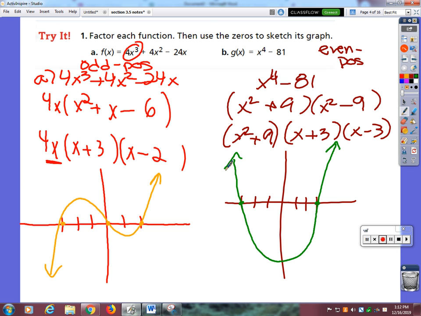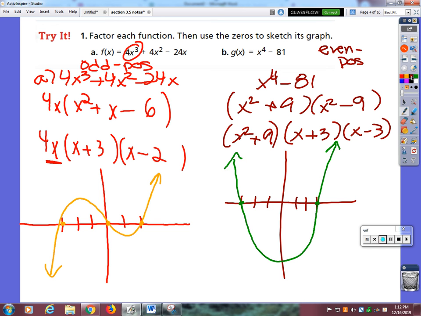Isa? Why doesn't this one go to 0? Because if I plug in 0 for x, I don't get 0 as an answer. If I plug 0 into here for x, then 0 to the 4th is 0. 0 minus 81 is negative 81.